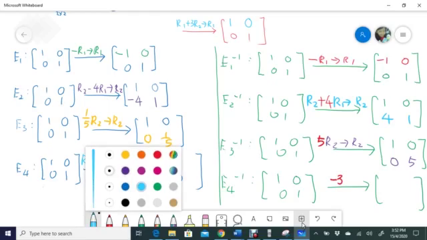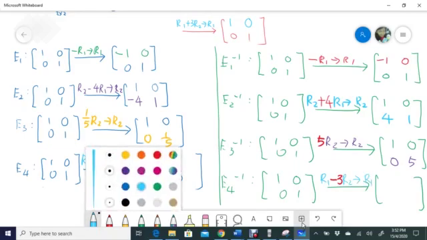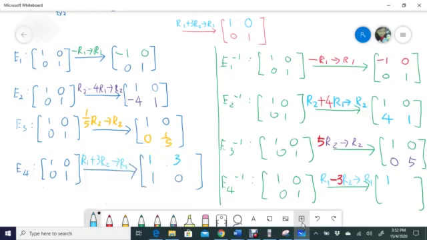It will be R1 minus 3R2 happen to R1. Is that okay? So what will be your answer? You have 1, then negative 3. The rest you just copy back. So that's the end for it.